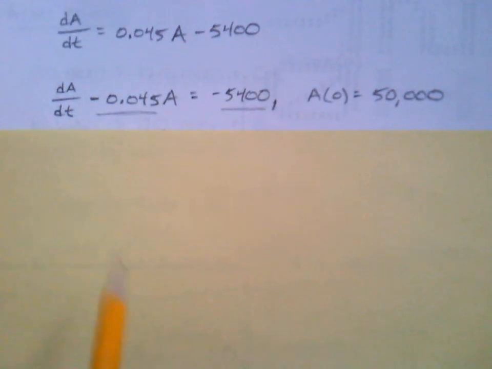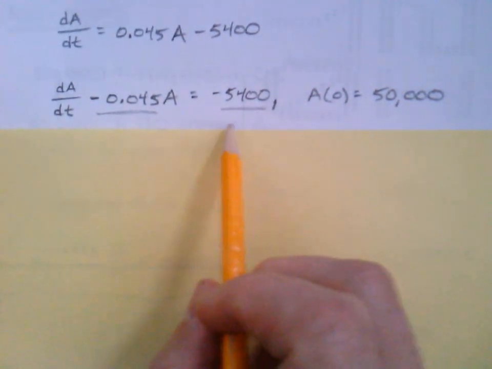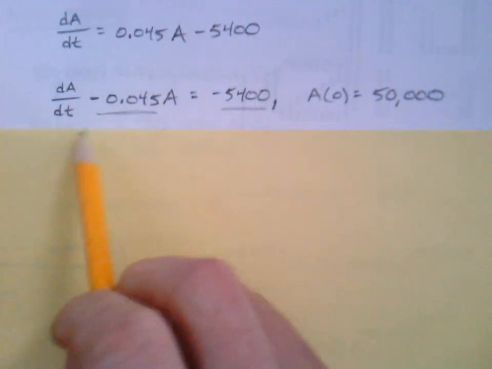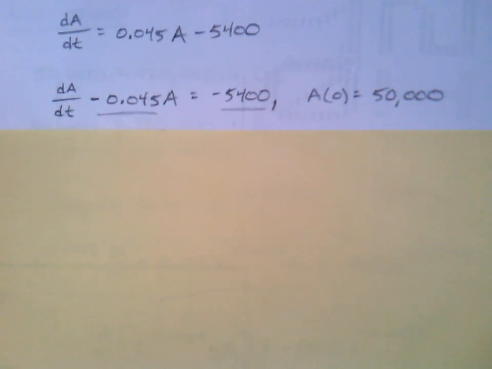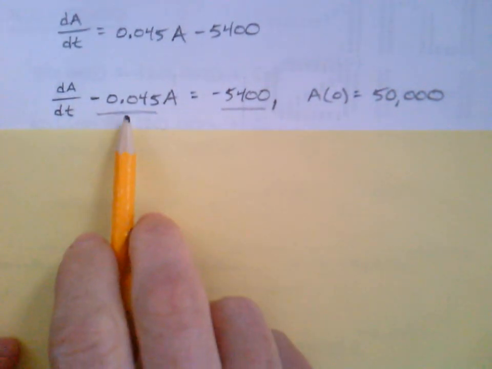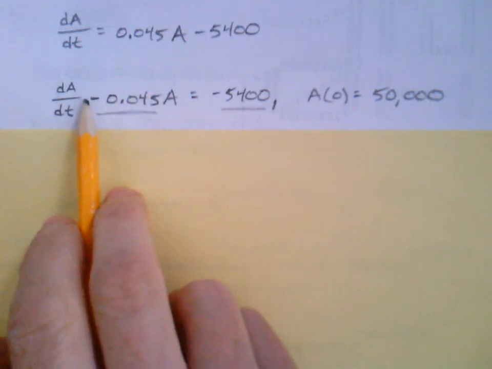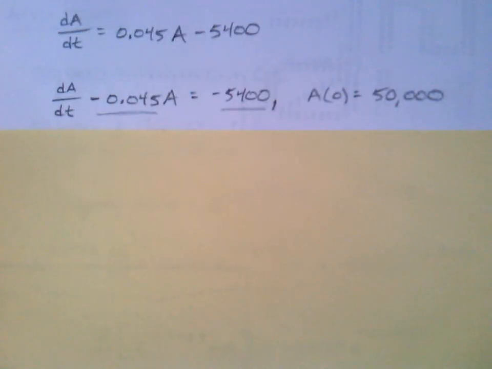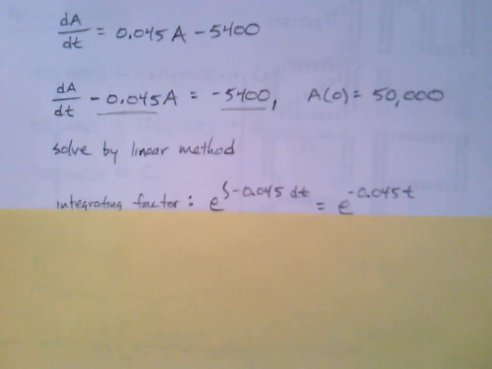All right, once we've got it all set up, now it's a matter of solving this differential equation. And we're going to do that in the linear equation style. So if you recall, first thing we need to do is look at what we've got in front of A and find the integrating factor. It's all by the linear method. Okay.